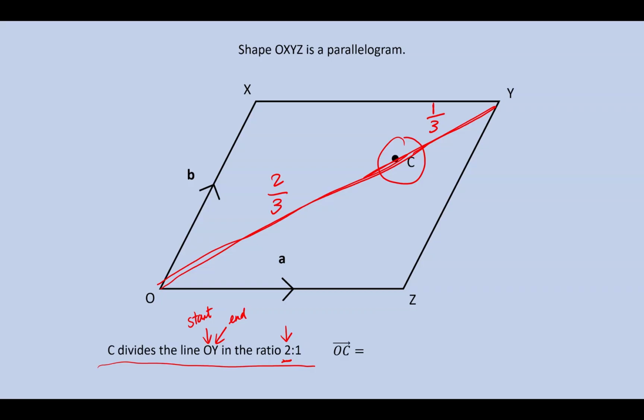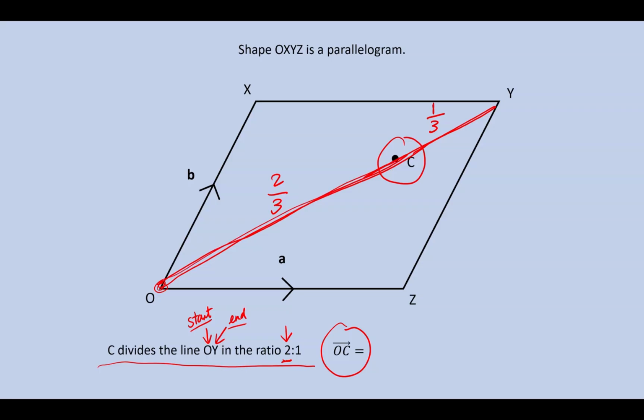This one is harder than the half just because some people don't read carefully. They don't know where is 1/3, where is 2/3. Write down the starting point and the end point. It's going to help you to figure it out. Then they ask you to write down OC. So your job is to find a vector of OC. You don't have any information. You can see from O to C, basically just like that.